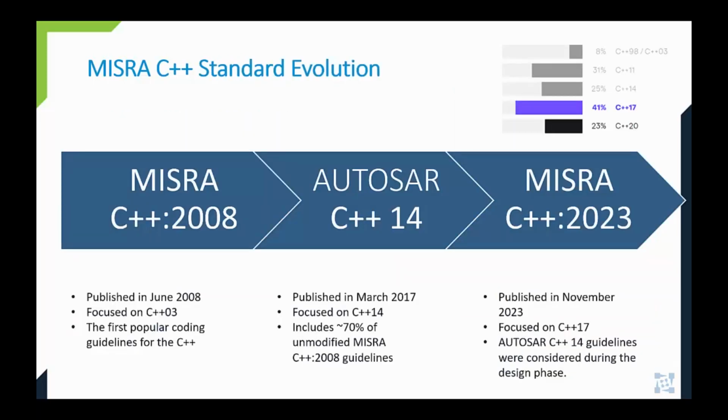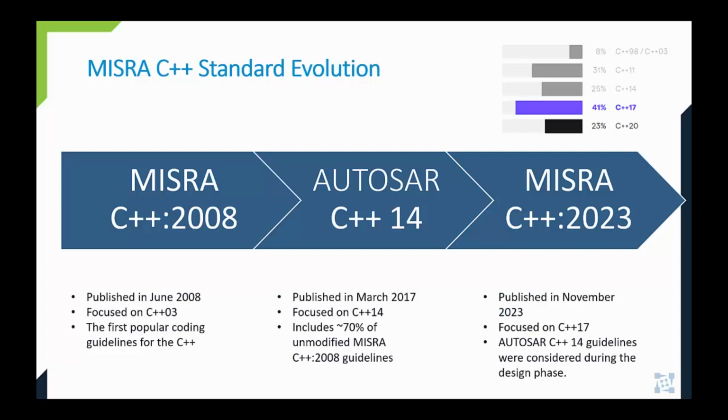To give you a little more perspective on the need and evolution of the standard, I thought it would be good to go through a quick evolutionary review of the C++ coding language and the coding standards in support of it. The first C++ coding standard was published back in 2008 by the MISRA organization, and it was in support of C++03, and actually it also supported C++98.